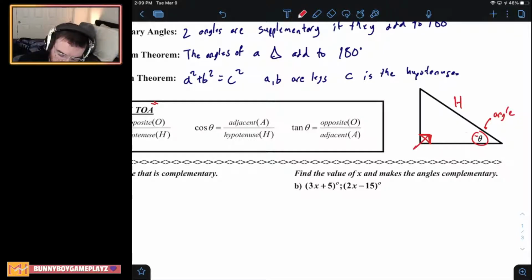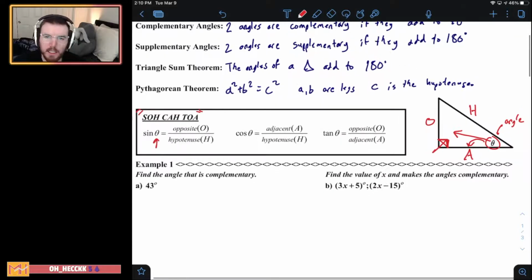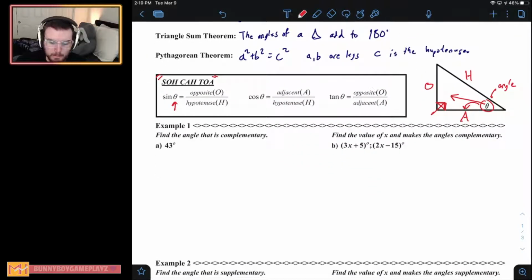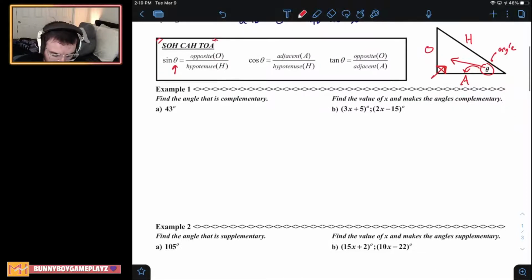And if you were to point out of the angle, it points towards the opposite side, and the side right next to the angle, so to speak, is the adjacent side. So that's our opposite, adjacent, and hypotenuse. That's just our foundation. Let's dive into some problems.